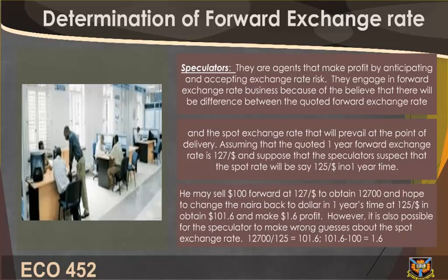Speculators. They are agents that make profit by anticipating and accepting exchange rate risk. They engage in forward exchange rate business because of the belief that there will be difference between the quoted forward exchange rate and the spot exchange rate that will prevail at the point of delivery.